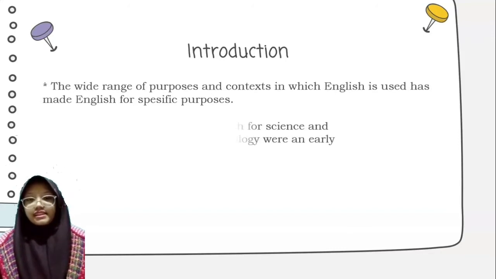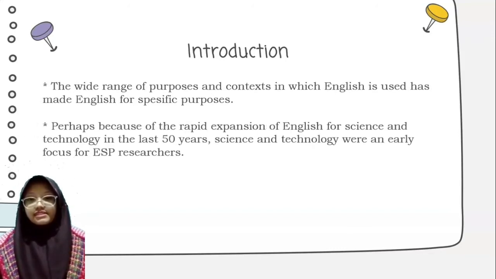And then, perhaps because of the rapid expansion of English for science and technology, or EST, in the last 50 years, science and technology were an early focus for ESP researchers. The initial interest of EST teachers and researchers was on linguistic forms, with later emphasis on skills.